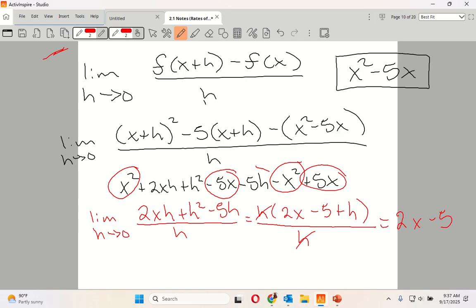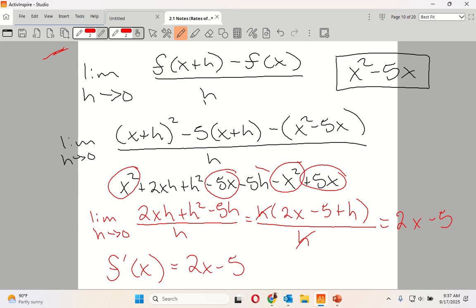So now that I did all that, I can say that my f prime of x, my slope at any given point, is 2x minus 5. So any given x value, you can plug it in here, and it's going to give you the slope at that point. Is that better?